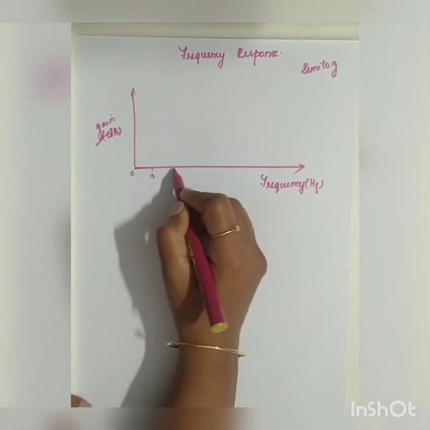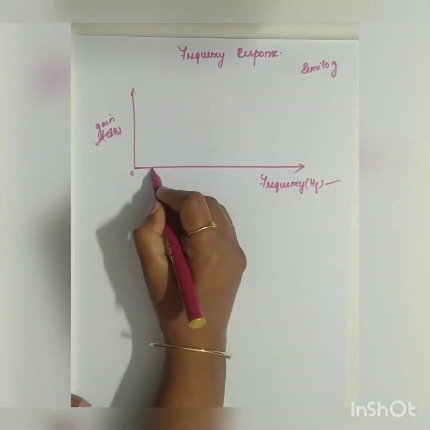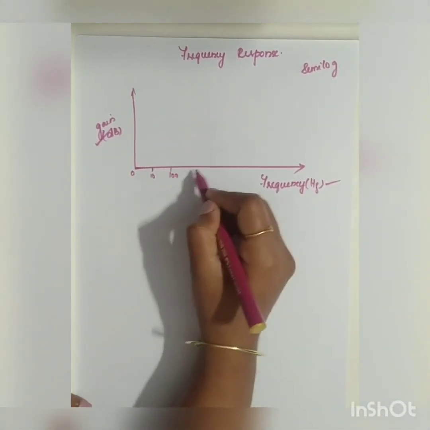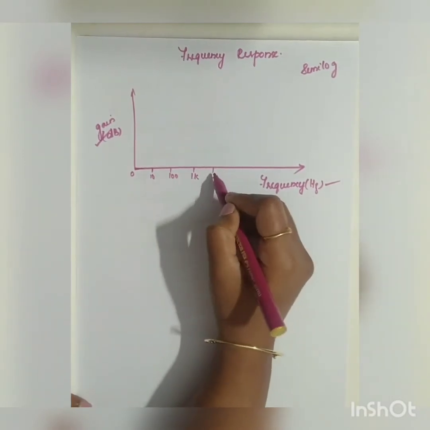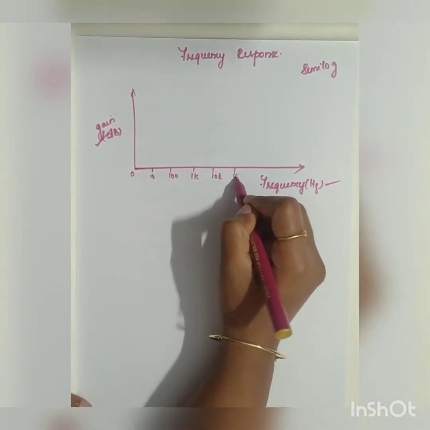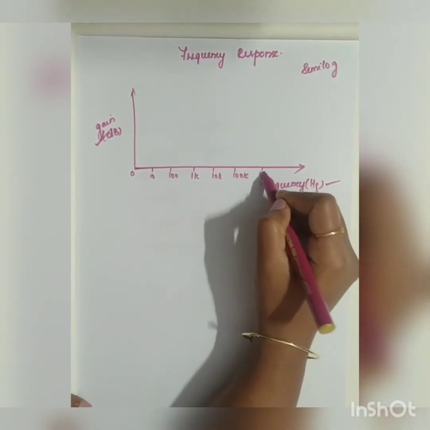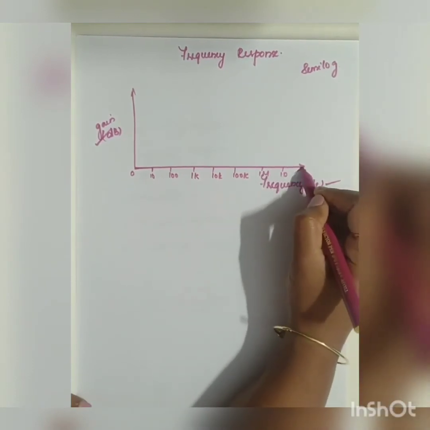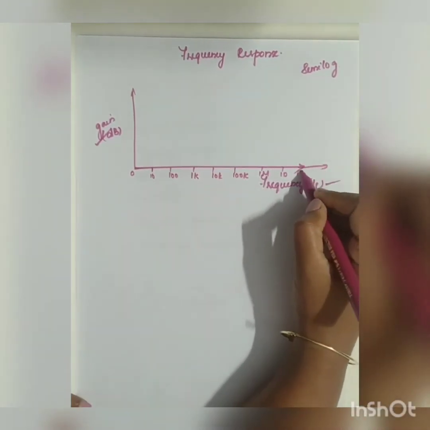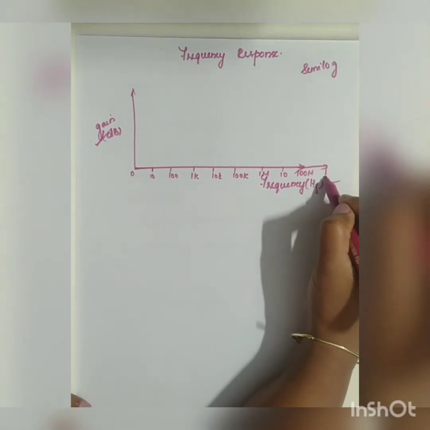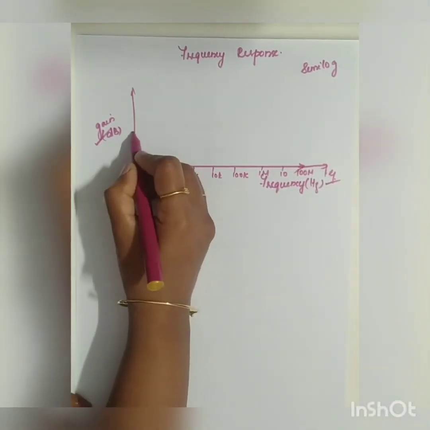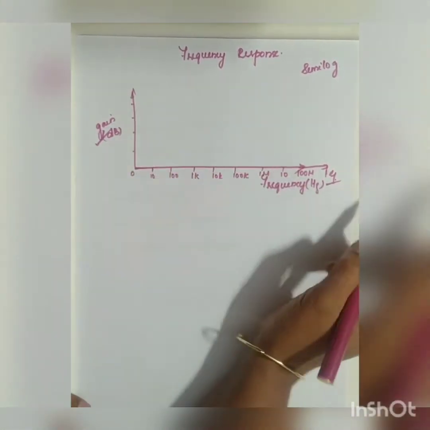10 hertz. So here it is in hertz, okay? 10 hertz, 100 hertz, 1k, 10k, 100k, 1 mega, 10 mega, 100 mega, 1 giga, it goes on. So this will be your gain in dB.